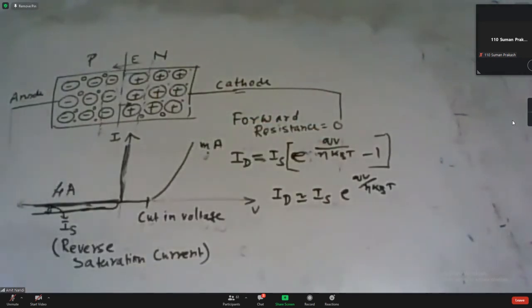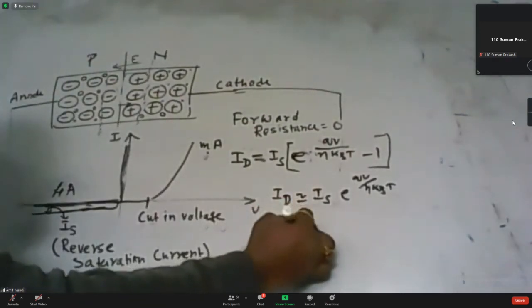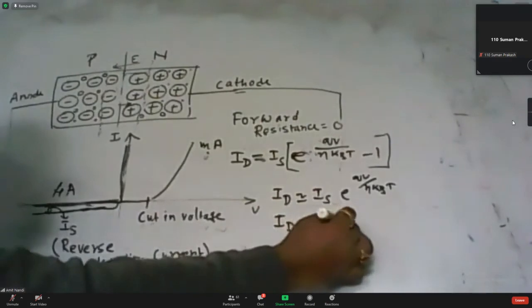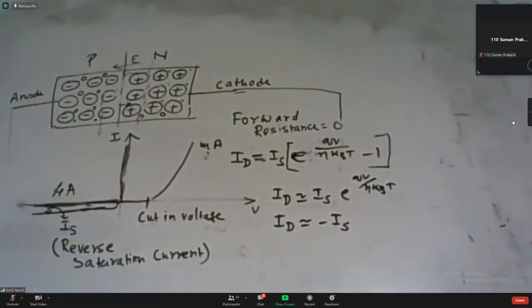If we neglect this, then we get ID nearly equal to minus IS. So under the reverse bias condition, the current flowing through the diode is a constant and very small current, called the reverse saturation current.